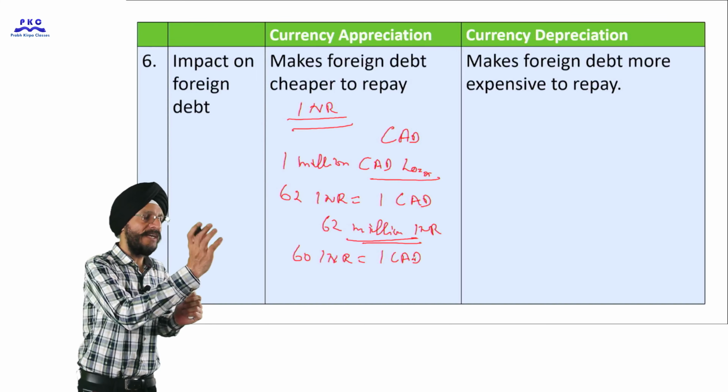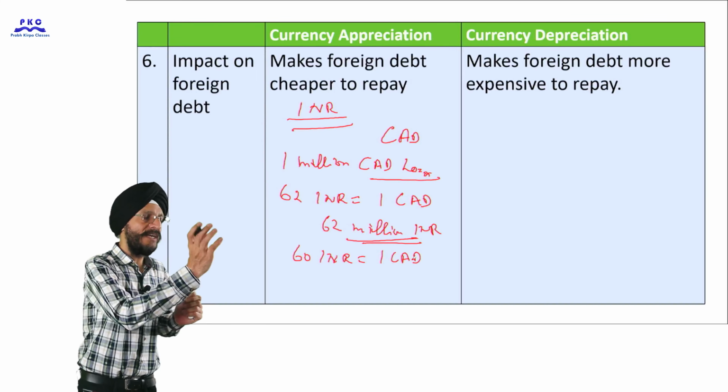So what is the loan amount if converted into Indian currency? Loan amount is approximately equal to 83 billion Indian rupee at present. This is the loan amount. Now, the value of Indian currency has depreciated. It means that we have to pay more to get the same amount of US dollar.